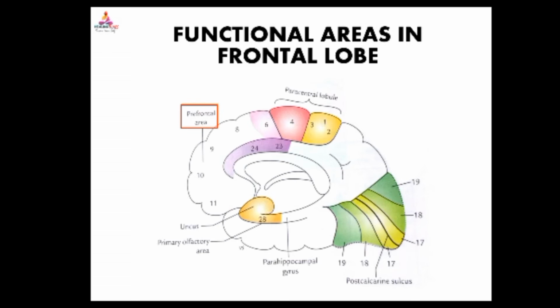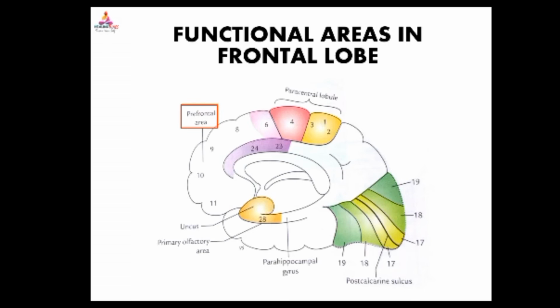The primary sensory area is concerned with the perception of exteroceptive sensations, that is, pain, touch, and temperature, and proprioceptive sensations, that is, vibration, muscle, and joint sense, from the opposite half of the body.